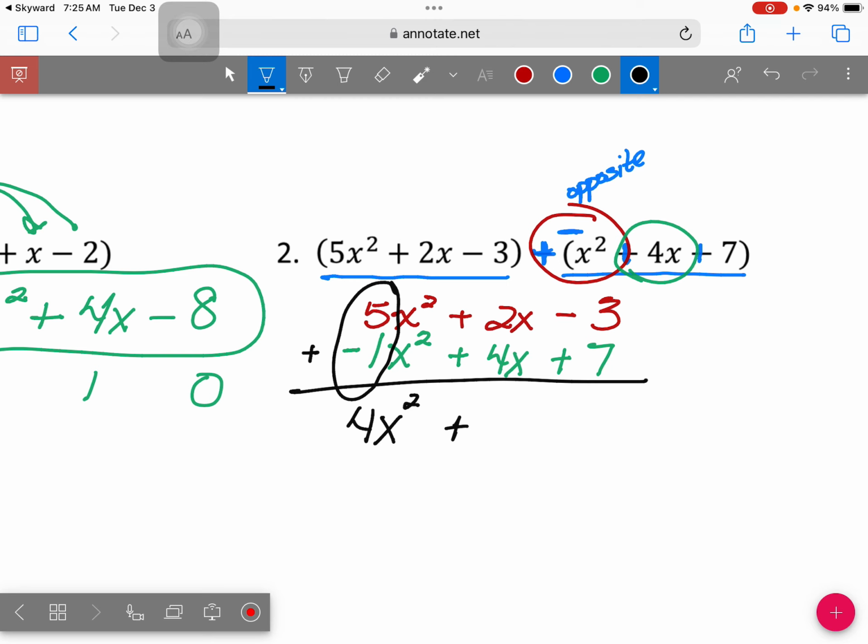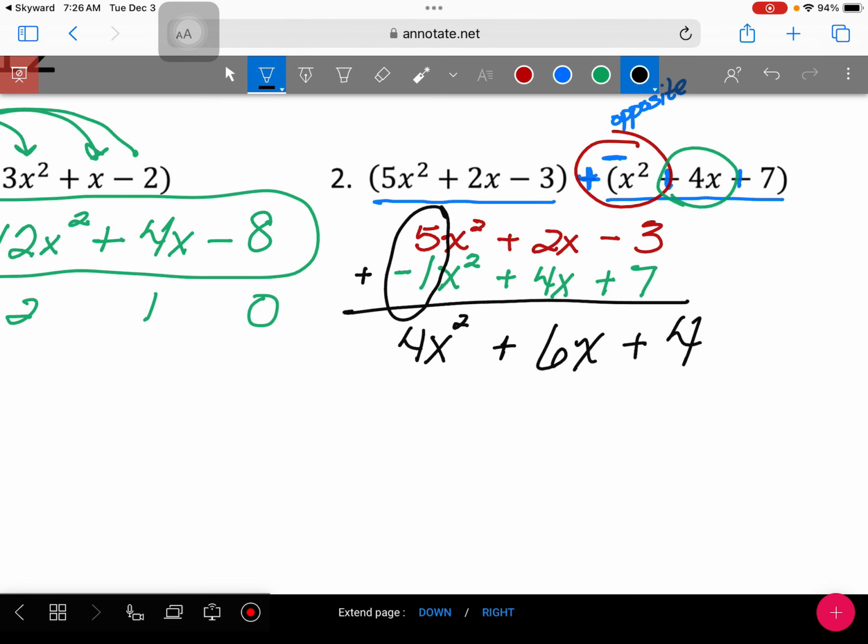Plus 2x plus 4x is going to give me how much? 6x. And negative 3 plus 7 is going to give me 4. Is that in standard form? Yes. Degree of 2, degree of 1, degree of 0.